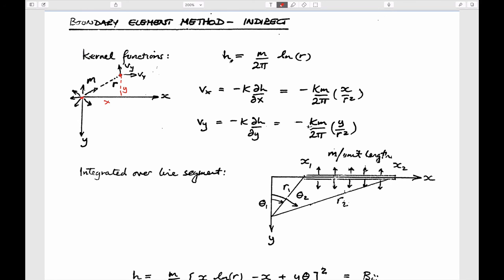We could get the head at any point as a function of the strength of the source, and you could work out what the units are for this. It has to be units of length, I guess, in this case, because this is a head. So if you double the strength of the source, you double the perturbation in terms of the head at the same point. And so what we can do is define the magnitude of the head at a particular location.